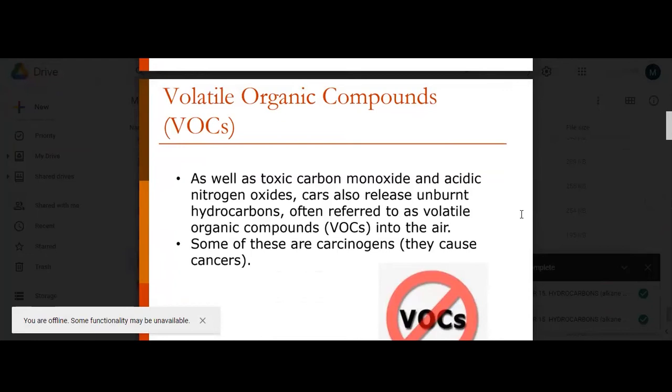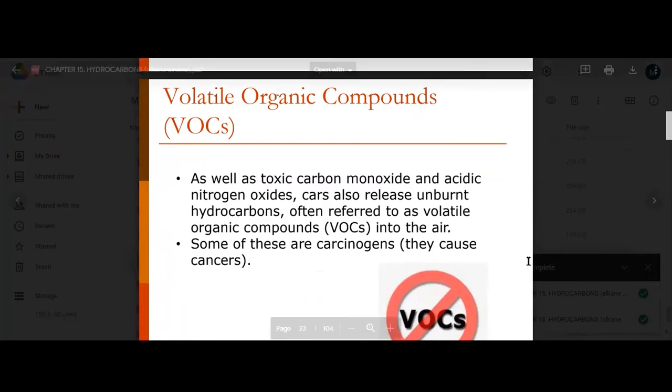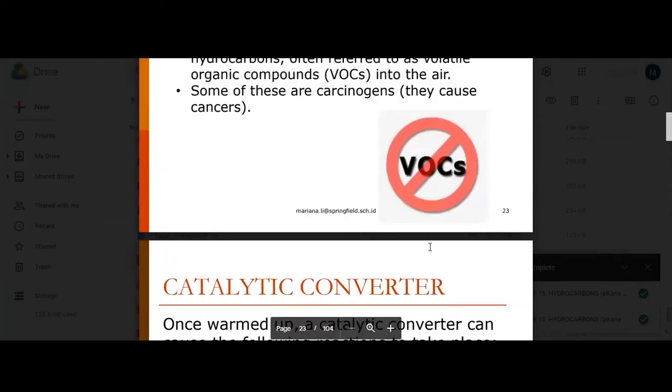These are called volatile organic compounds, or VOCs, and they are very dangerous since they are carcinogenic. They cause cancers. So far we have learned about CO, nitrogen oxides, and the third is VOC, volatile organic compounds.